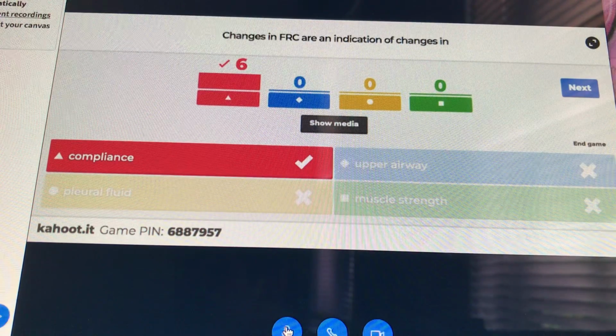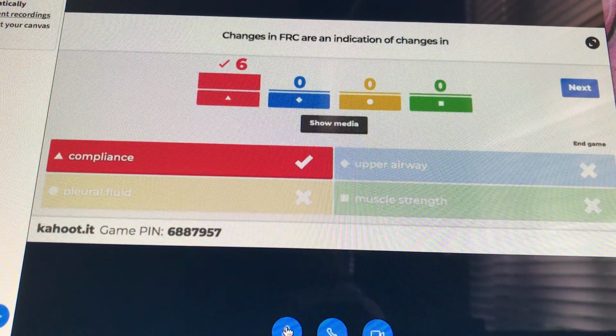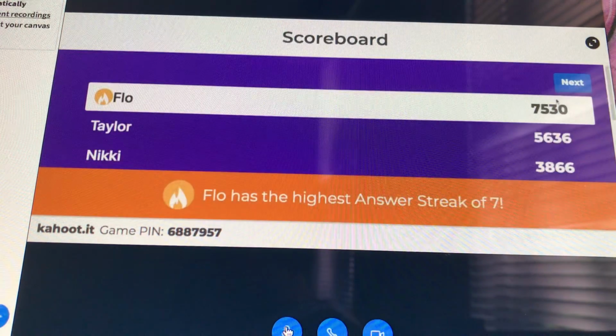What kind of patients have an increased FRC? Obstructive? Obstructive people, good. Because that's the amount of air left in your lungs after a normal or quiet exhalation. These people tend to air trap. They tend to be hyperinflated. So, of course, they tend to have a larger FRC volume. And that's because their lungs are very compliant. They can accept large volumes of air, but they have trouble getting that air out.